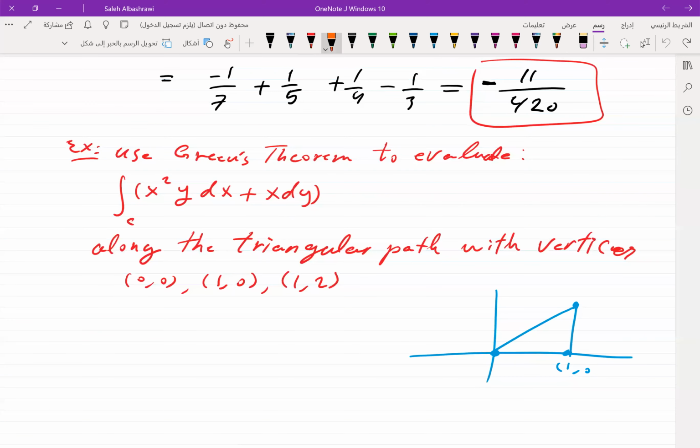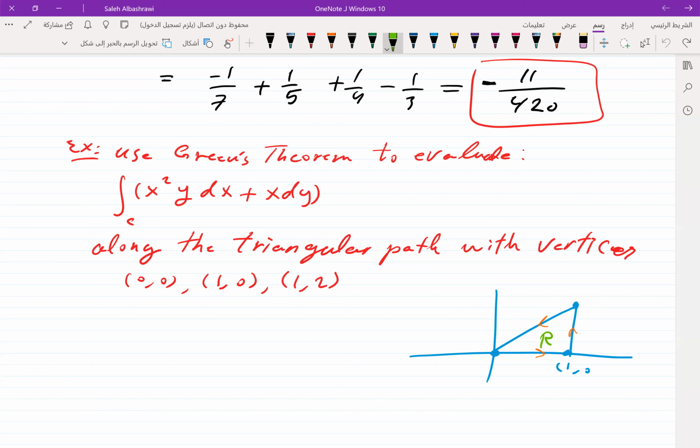And if we go counterclockwise, we can see that C is closed, simple closed, oriented counterclockwise, and R is given there as a simple region. So this one can be done now by converting the line integral into a double integral.